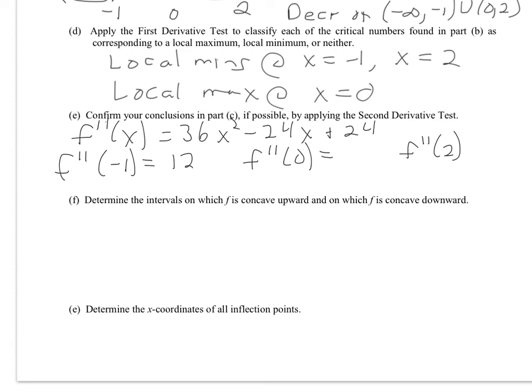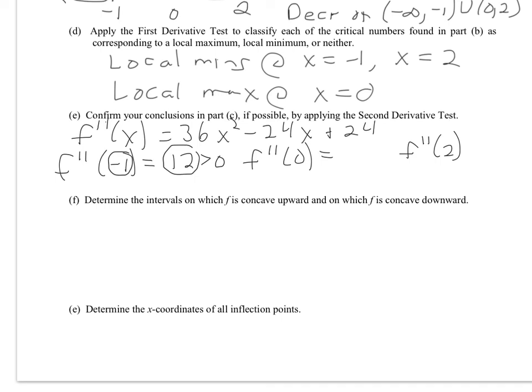And the fact that this is a positive number means that as the graph passes through x equals negative 1, it looks like a smiling face. Now we already know that negative 1 is a critical number.